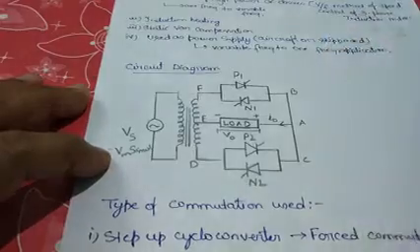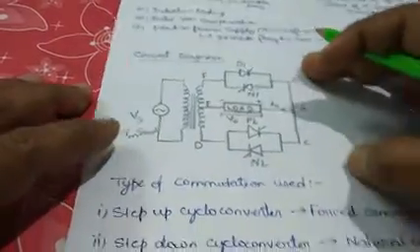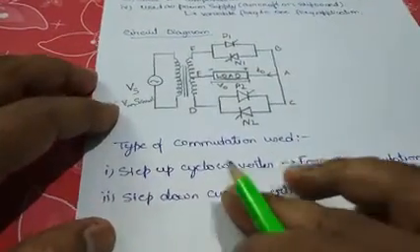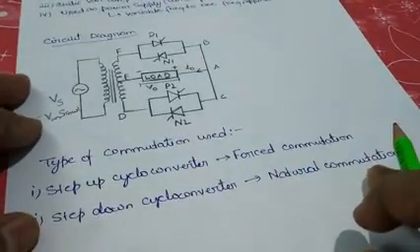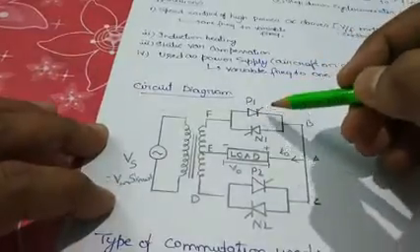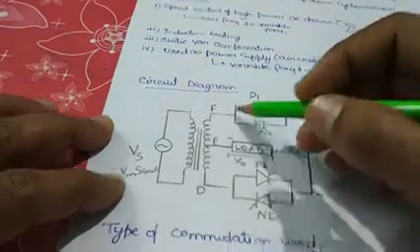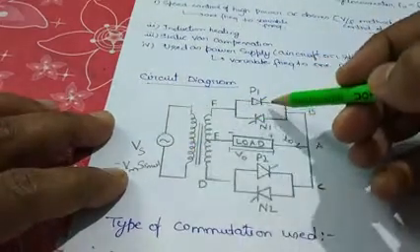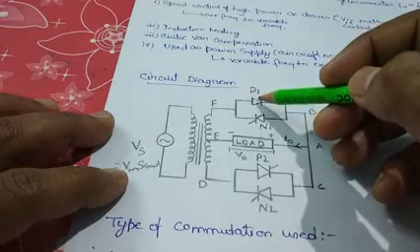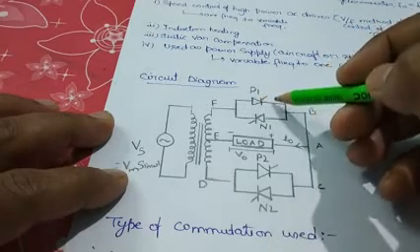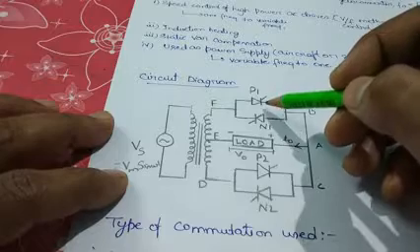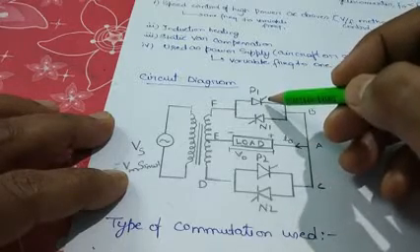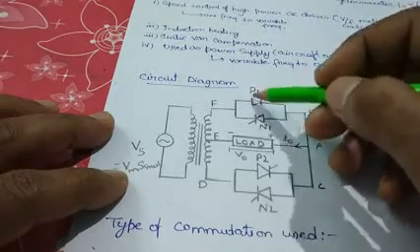Okay, so these forced commutations ये हमारा स्टेप अप साइक्लो कन्वर्टर में यूज होगा. और स्टेप डाउन में नेचुरल commutation, means there will be no circuit added here due to the nature of the supply. Current across the thyristor will automatically come down to holding point and a reverse voltage will be applied for at least the turn off time.